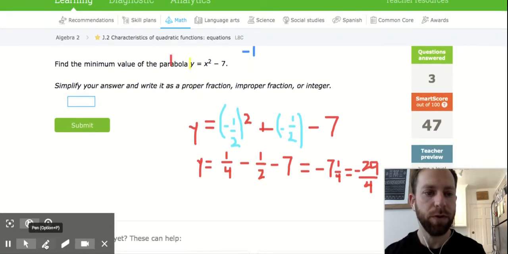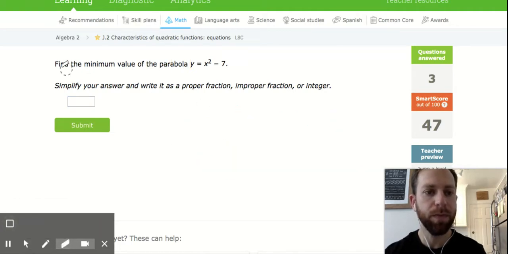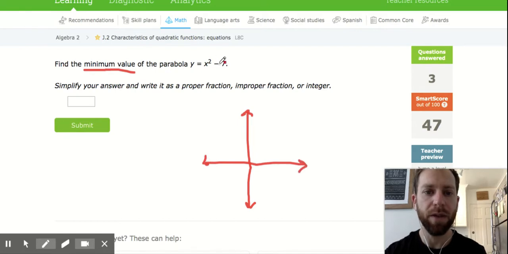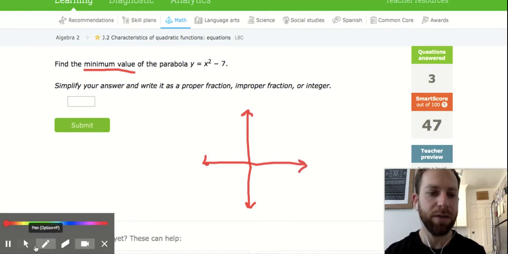Okay, let's try this one because we're talking about minimum values. Find the minimum value of this parabola, right? So let's think about how this parabola would look for a second, right? It would be x squared, which is just a parabola facing up, concave up, but then negative 7 would move it down 7.